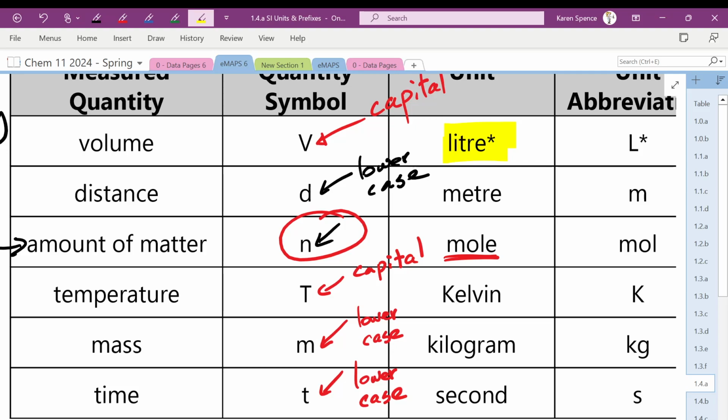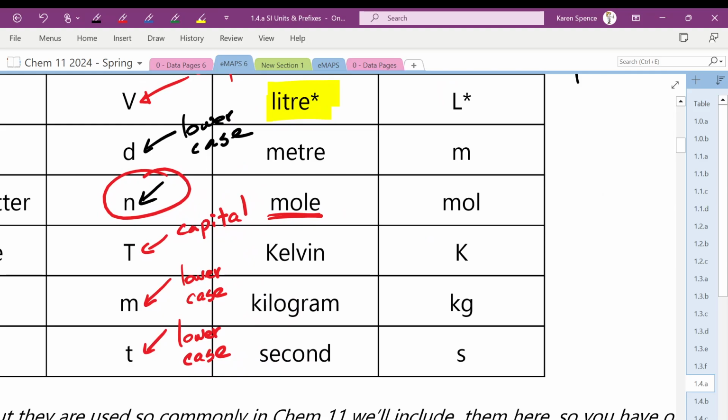Temperature. Temperature is actually in science measured in Kelvin. What would you normally measure it in, though? Tell your partner, what would you measure it in? You would measure temperature in?